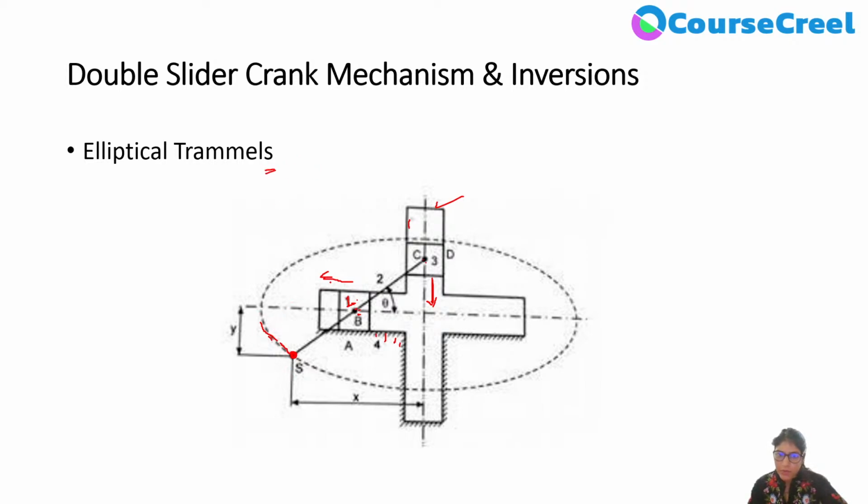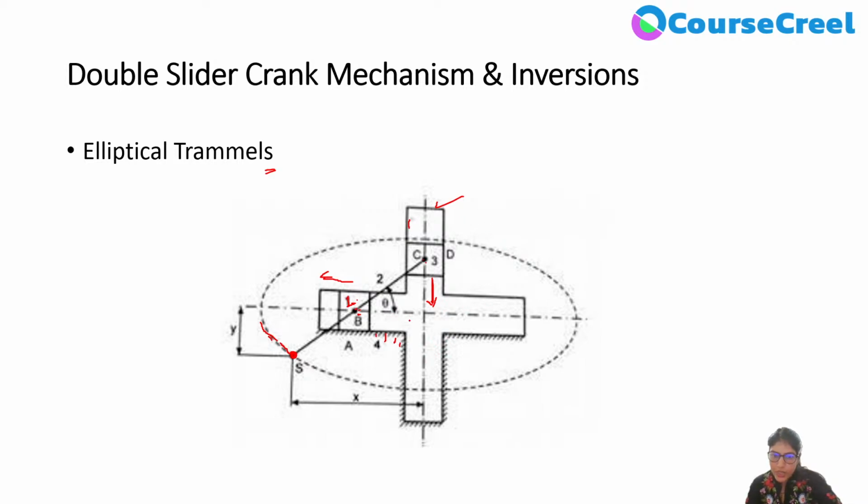Elliptical trammel is generally used to draw the ellipse. Basically we use it for drawing purposes, when we make machine drawing or engineering drawing, its main purpose is to draw the ellipse. Okay, so this device works in this particular manner. Two sliders which are connected with one link, and these two sliders are sliding in a slotted bar which is fixed.